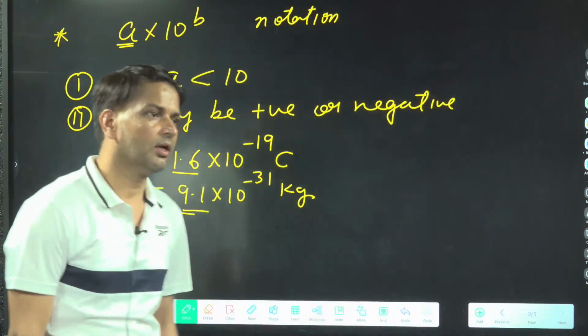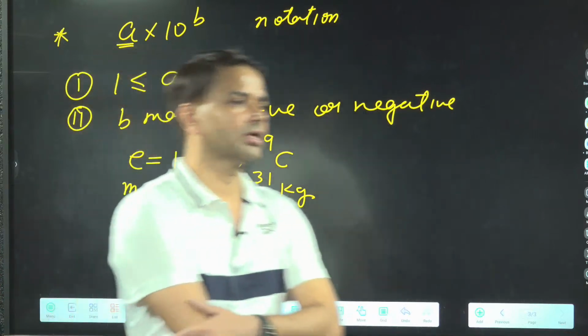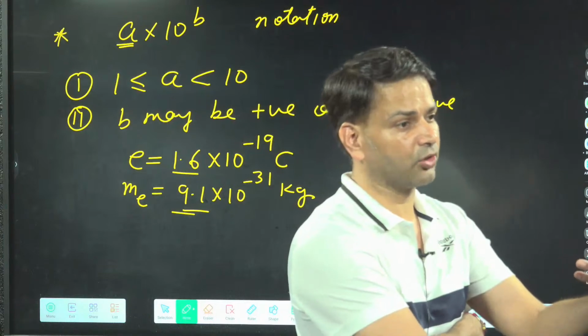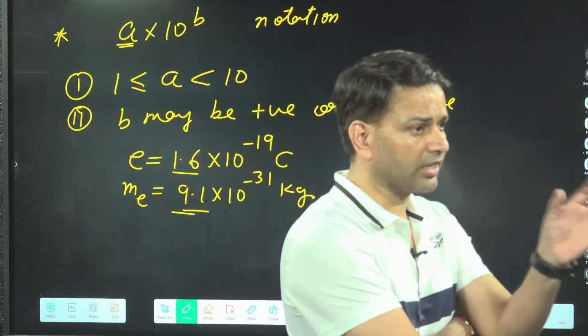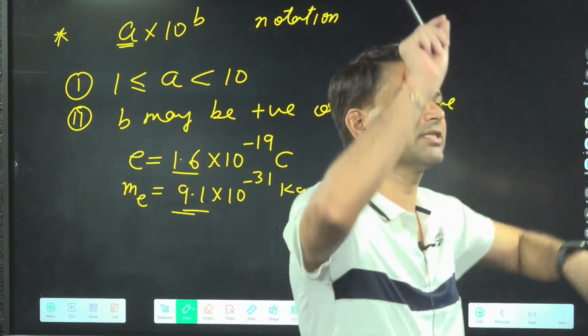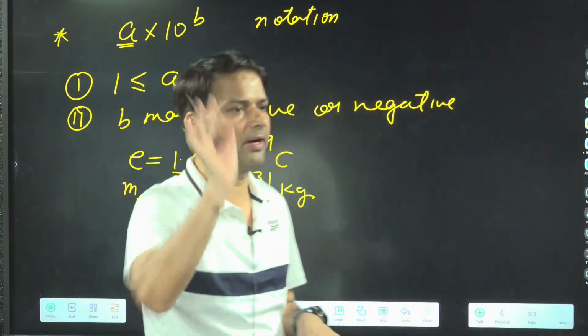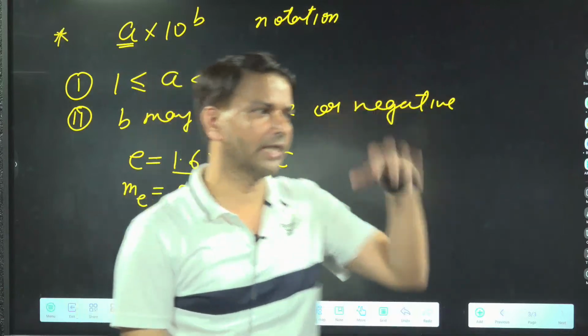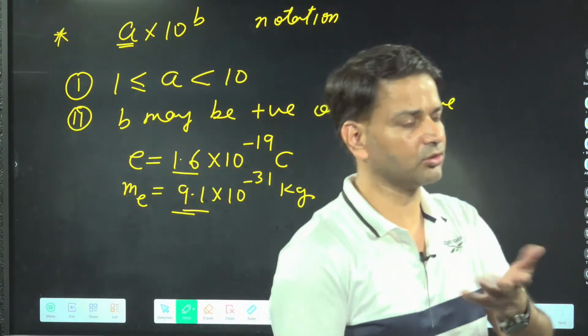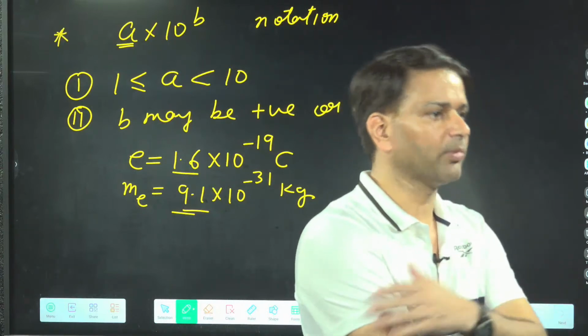Understood or not? Sometimes they ask, like in atomic structure, what is the order of the radius of the atom? Order of the radius means they are not asking the A value, they are asking what power you will say. So the power is 10 to the power minus 10 meter, or 1 angstrom. Order of the radius of the nucleus is 10 to the power minus 15.